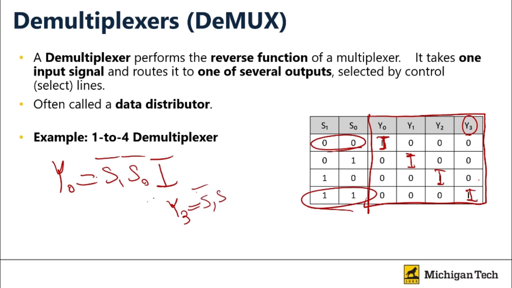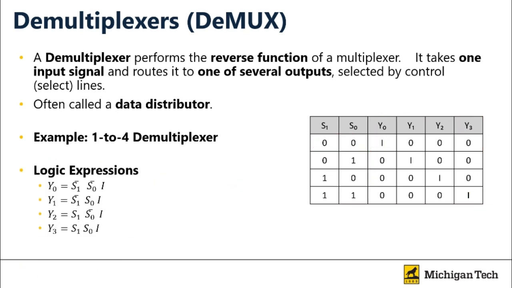Oh, sorry, S1, S0, I. That's it. And for the rest, the same. So that's how we design the cleaner version. So that's the output. The first one is the input. Whatever is input is going to go out based off these select signals. They are select inputs.